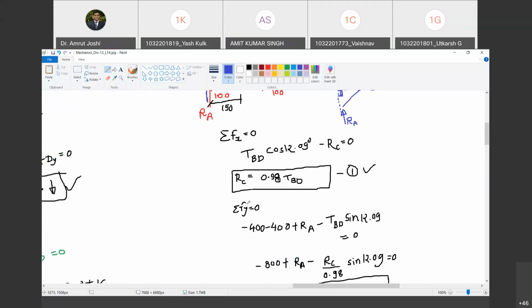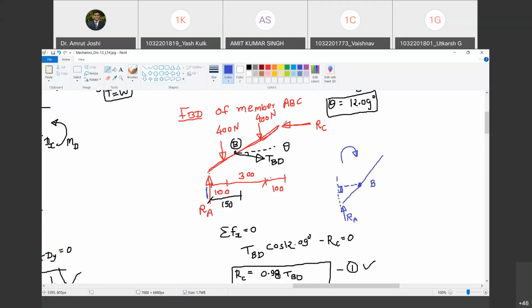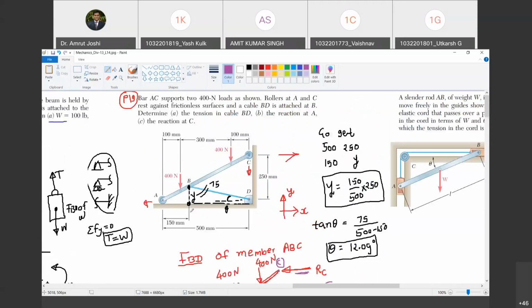So minus RA into 150 is the first force. Now what is the second one? Moment of RC. Do you agree with me? Is it clockwise or anti-clockwise? It is anti-clockwise. Anti-clockwise, positive. And what distance would I require? I would require the vertical distance between B and C. What is the vertical distance between B and C?